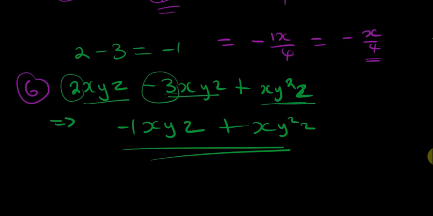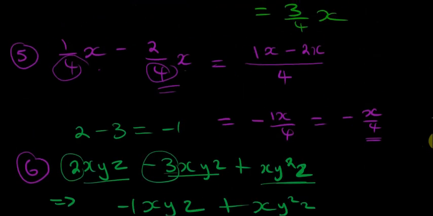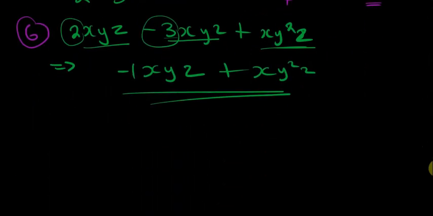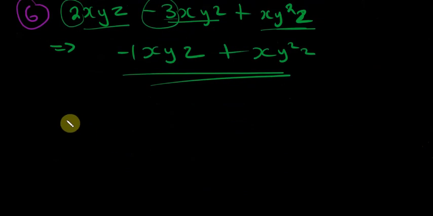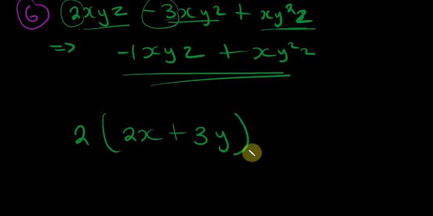Next up, we are looking at multiplication of algebraic expressions. We'll be doing multiplications. For example, we'll be multiplying a monomial with a binomial, 2x plus 3y. Do this example, and in the next video, do this as homework.